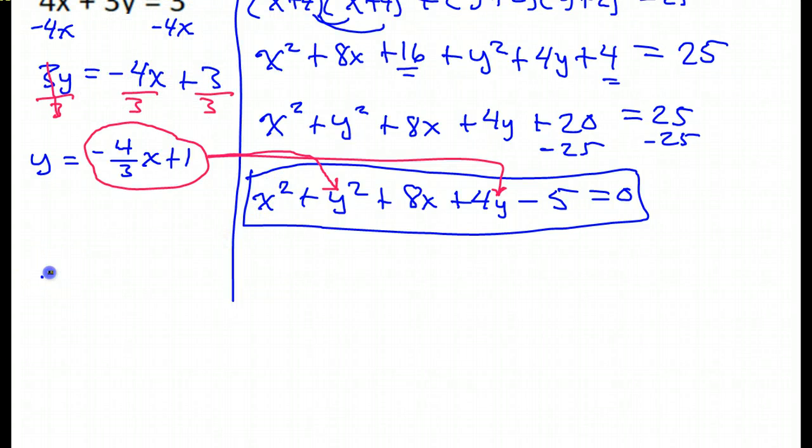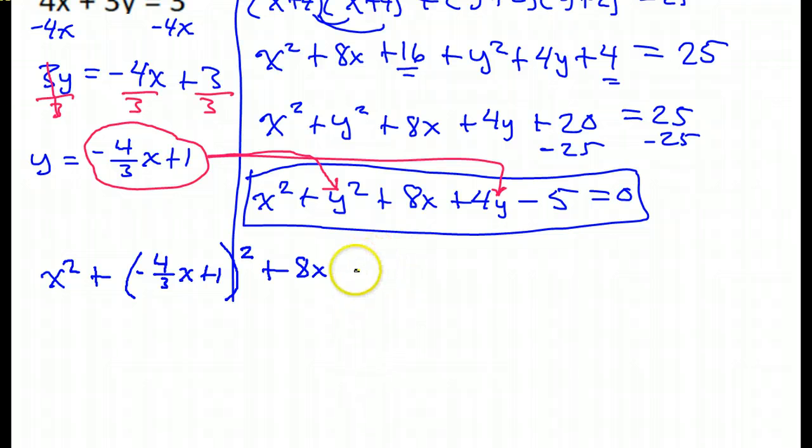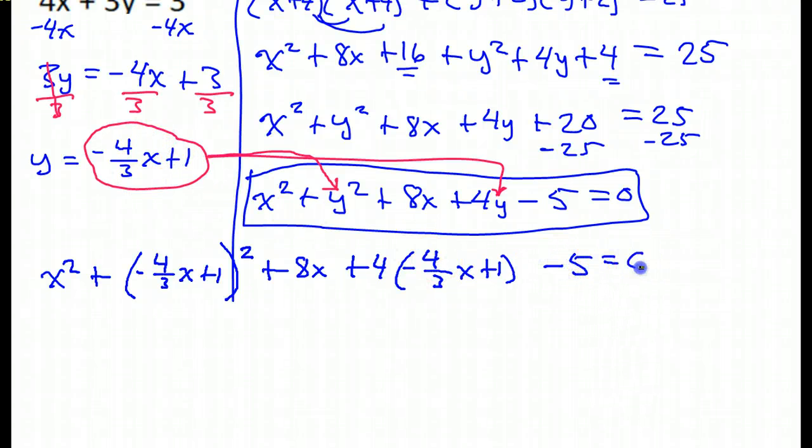So I've got x squared plus, next comes y squared, so I'm going to do negative 4 over 3 x plus 1 squared, plus 8x plus 4 times negative 4 over 3 x plus 1. It's 4y, so 4 times all this, and then minus 5 equals 0.